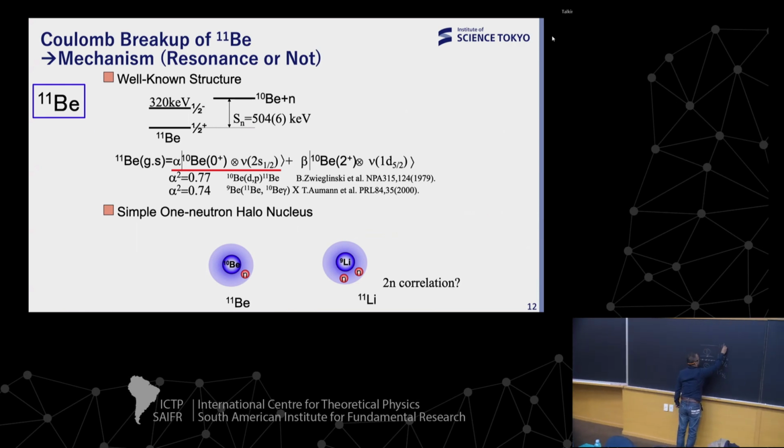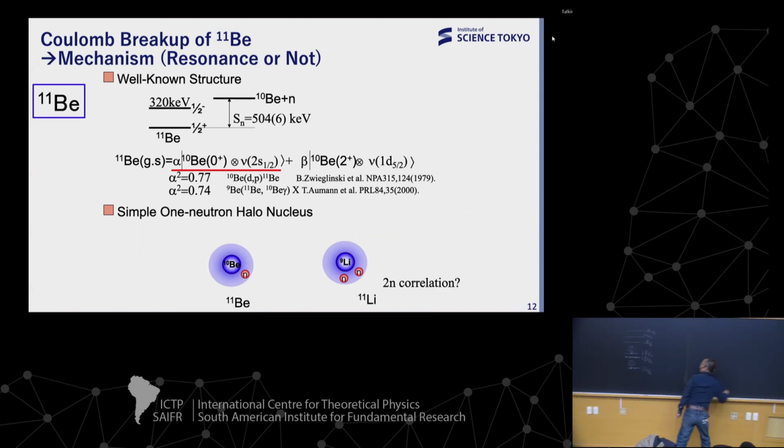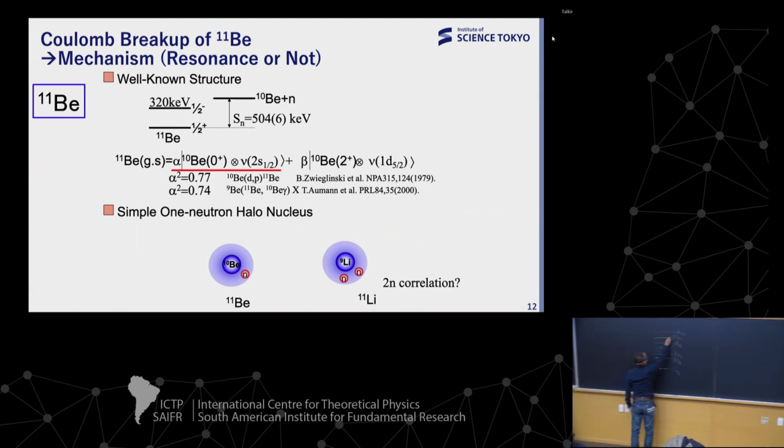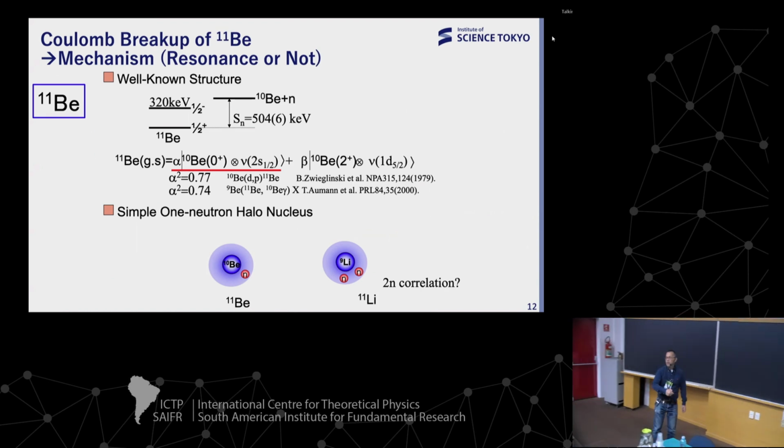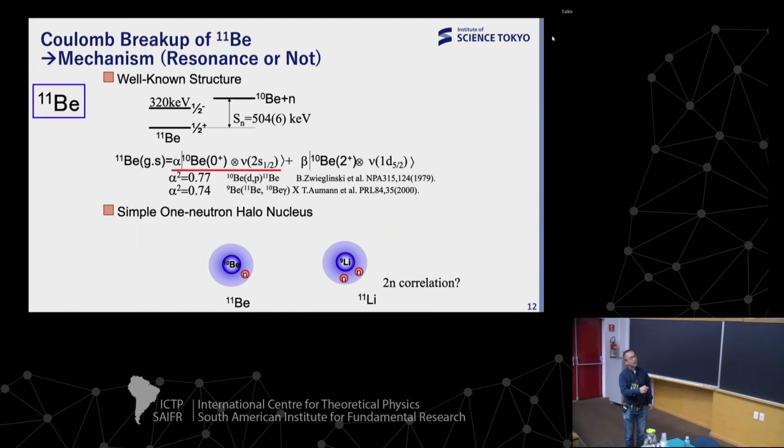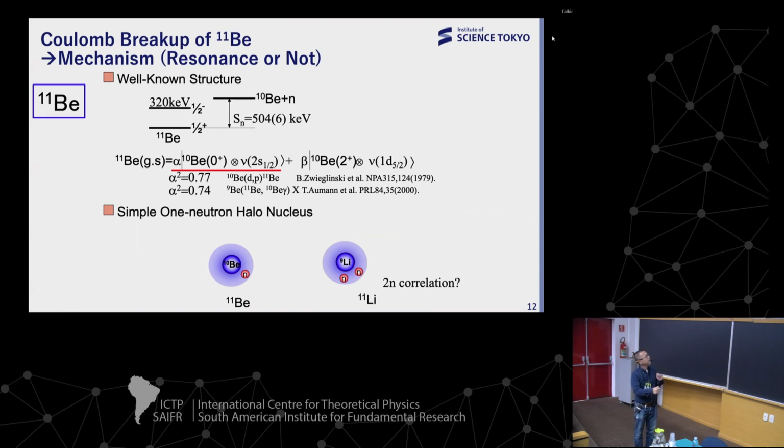So you know that the upper state, like 1d, 2s. This means that this state is coming down very close to, or even inverted. So this is a very famous case, a very abnormal intruder state.